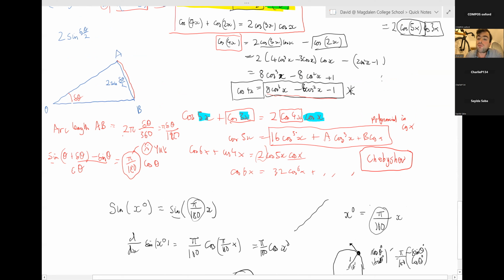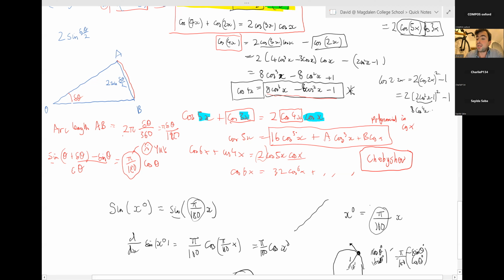Notice you could do this in a different way. You could do cos 4x as cos of 2 times 2x. So that would be 2 cos squared 2x minus 1, which is 2 times (2 cos squared x minus 1) all squared, minus 1. And then when you square the 2 cos squared x minus 1, you get 4 cos to the fourth x, which when you multiply it by 2 is 8 cos to the fourth x.